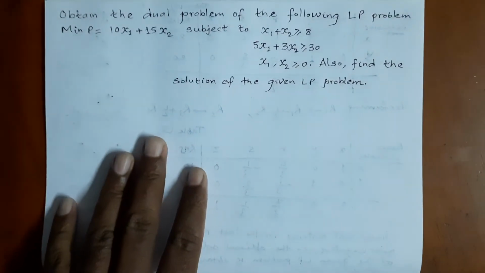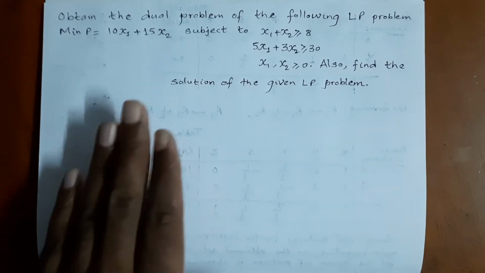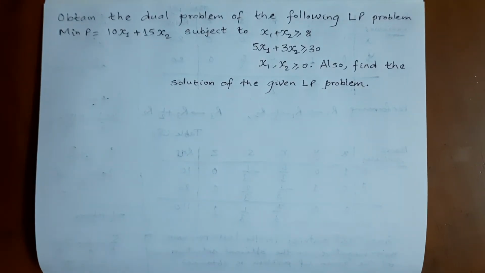That changing this minimization problem into maximization problem is called that dual problem. Okay, dual problem of this minimization one. So after changing into maximization type of problem, that can be done by using the simplex method like before.